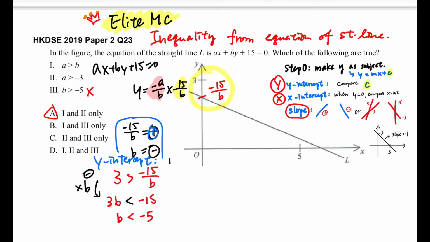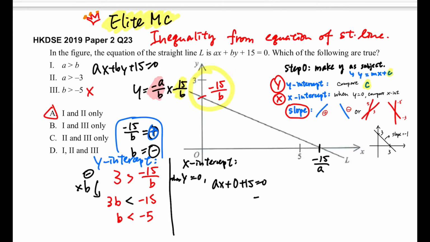Okay, step 2, we can compare the x-intercept. For the x-intercept, we can input y equals 0. In order to look for the x-intercept when y equals 0, ax plus 0 plus 15 equals 0, so that x actually will be negative 15 over a.